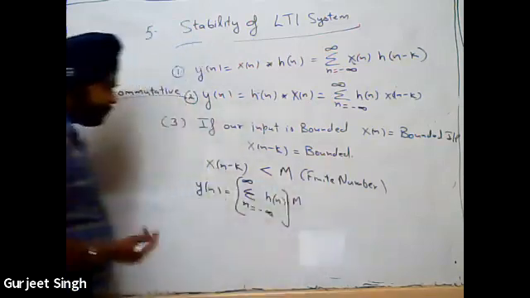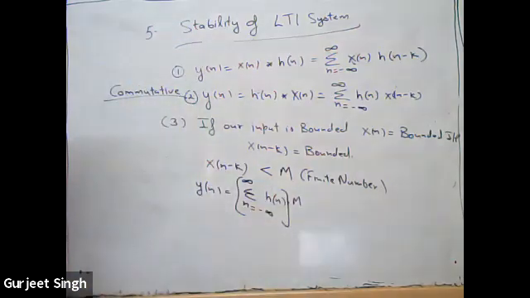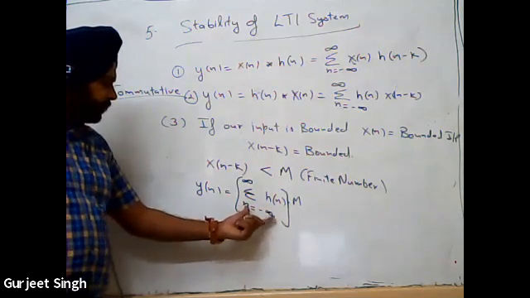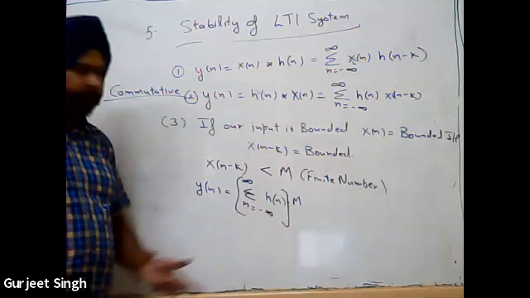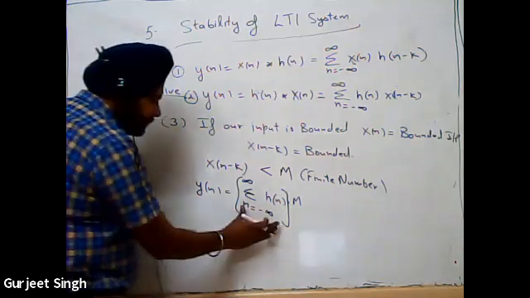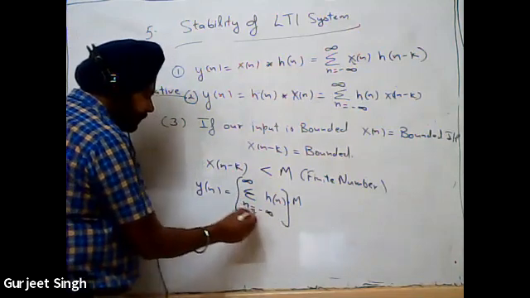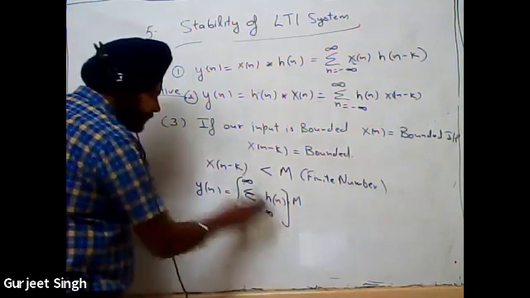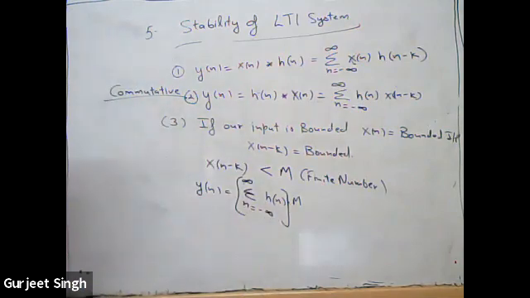M is a finite number, and we have to find the value of the summation from minus infinity to infinity of h[n]. If we solve this summation, this value will become a finite value.